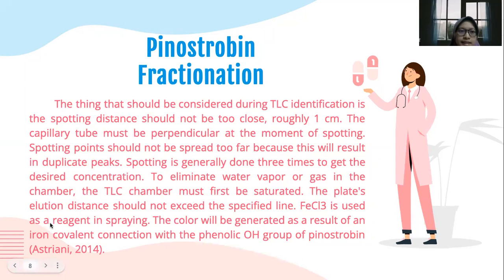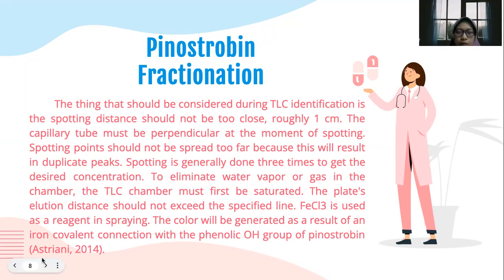The next thing to be considered during TLC identification is that the spotting distance should not be too close, roughly 1 centimeter. The capillary tube must be perpendicular at the moment of spotting, and the spotting points should not spread too far because this will result in duplicate peaks. The spotting is generally done 3 times to get the desired concentration.